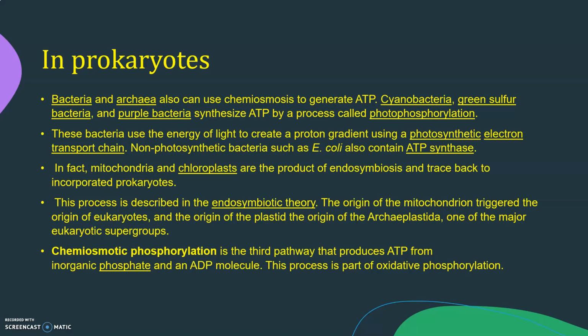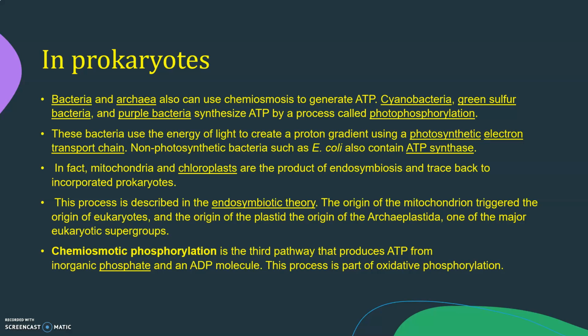They synthesize ATP by a process called photophosphorylation. These bacteria utilize light, in the form of photosynthesis, and use light energy to create a proton gradient using a photosynthetic electron transport chain.